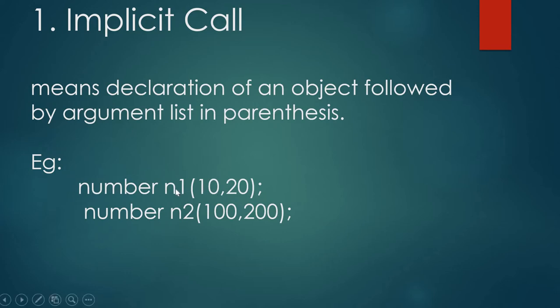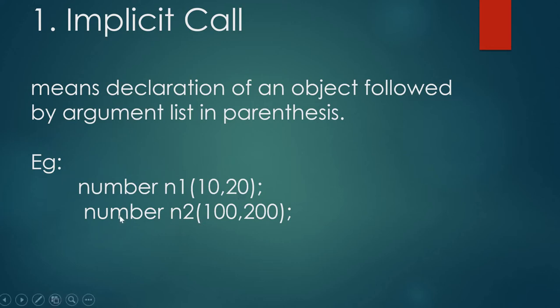So, what does the definition mean? Declaration of the object. Here, which is the declaration? Number n1 is the declaration of the object, followed by the arguments 10 and 20 in brackets, or parenthesis.